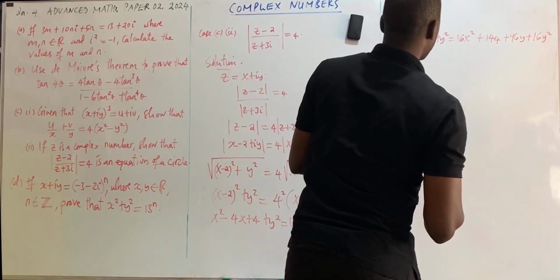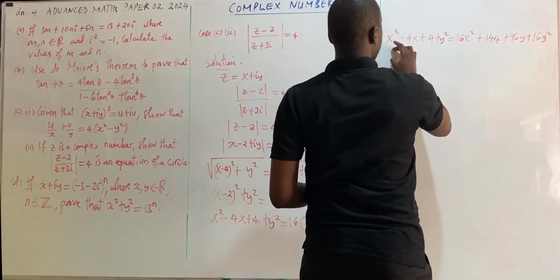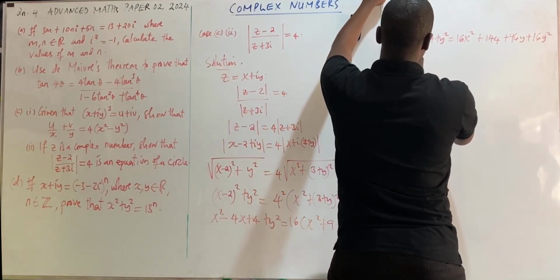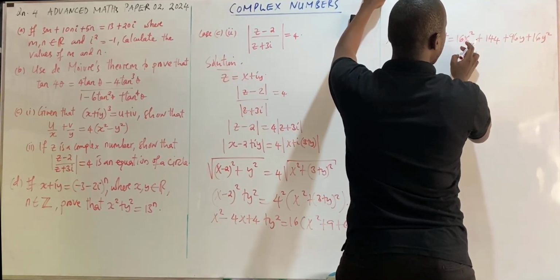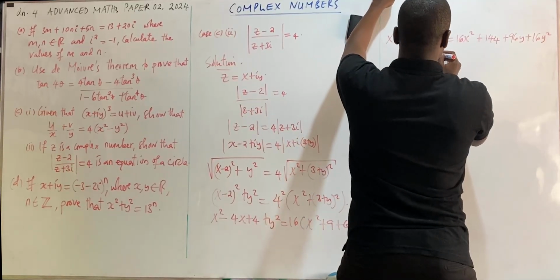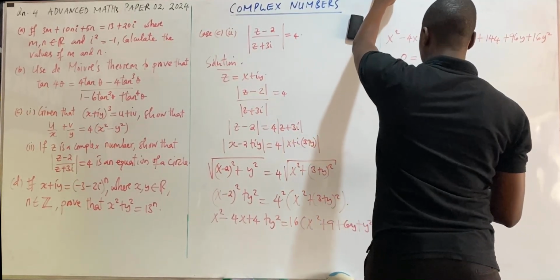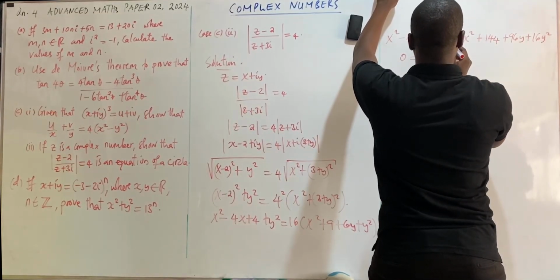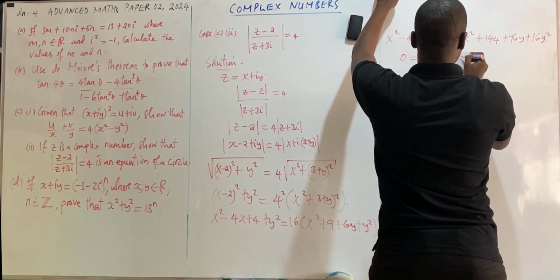And from there now we collect the like terms. So we can take all these to the other side. Here, maybe we have 0. Nothing has remained. So 16x square minus this x square, we get 15x square. Then we don't have a term of x, so now we add 4x.